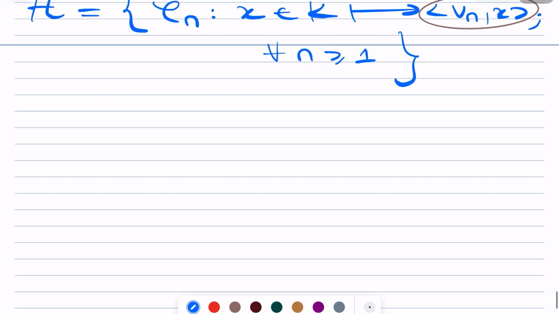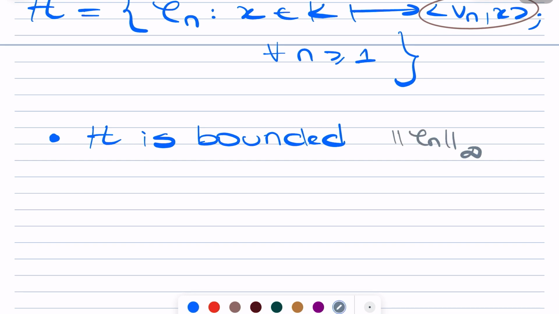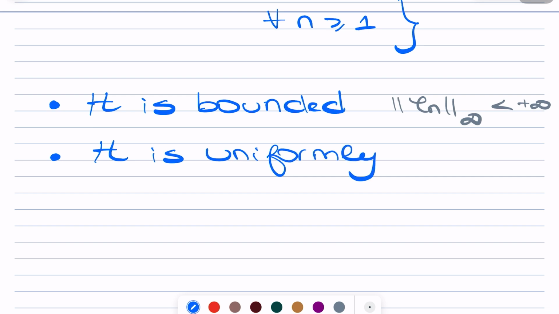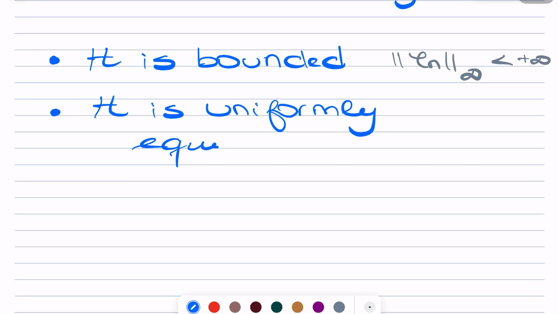Of course, it is easy to see that H is bounded, the norm of phi n is finite. And also that H is uniformly equicontinuous.